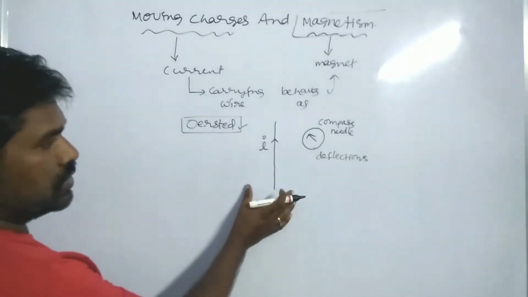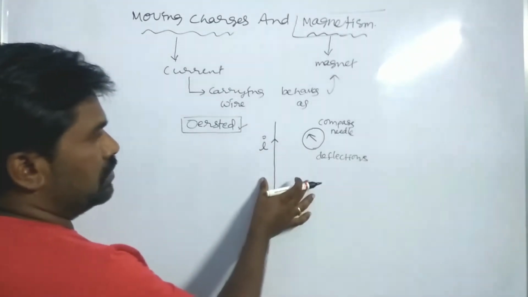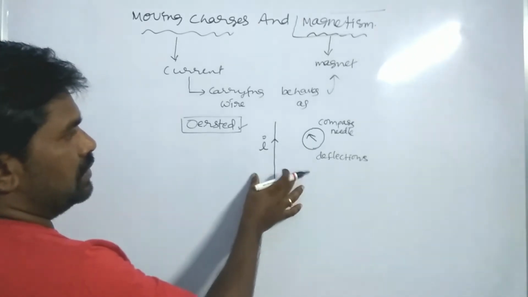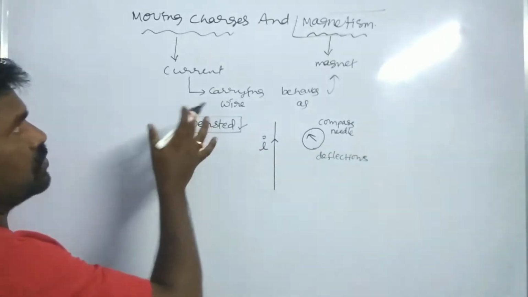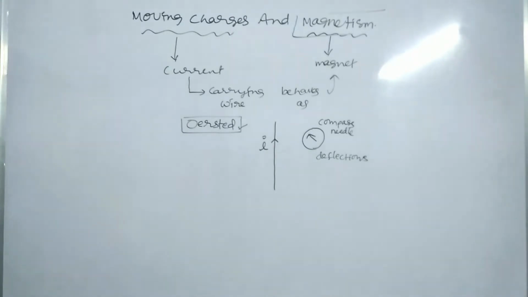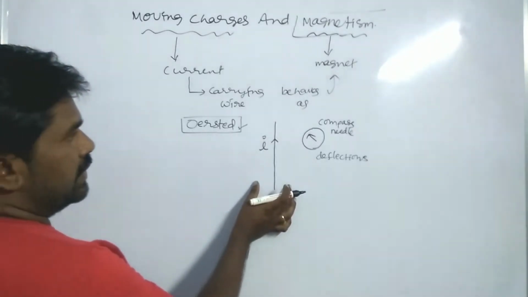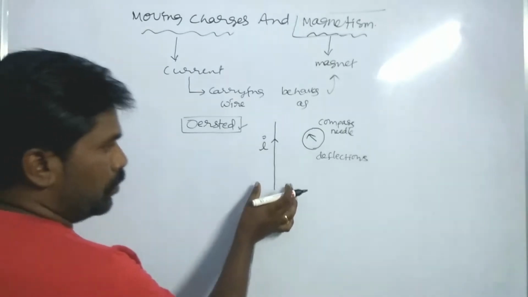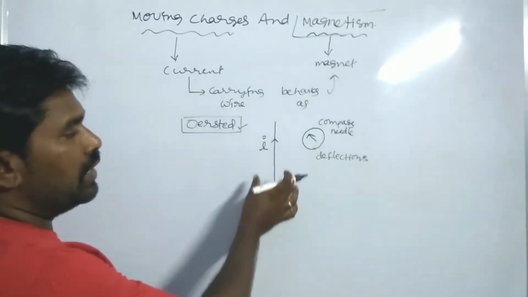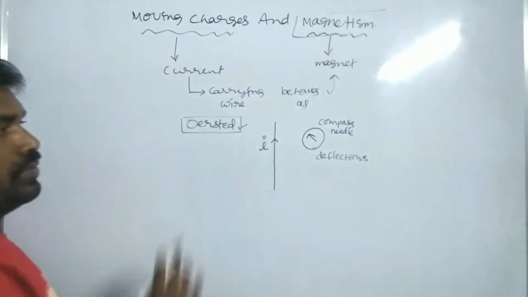Whenever he made this observation, electricity and magnetism were combined with each other, and he showed that an electric current carrying conductor can produce a magnetic field around itself.